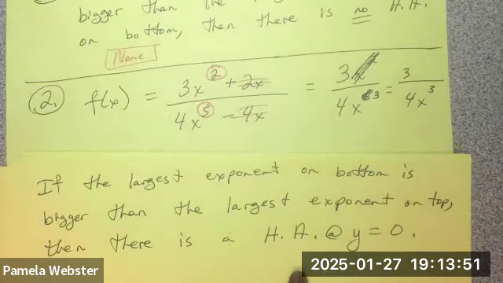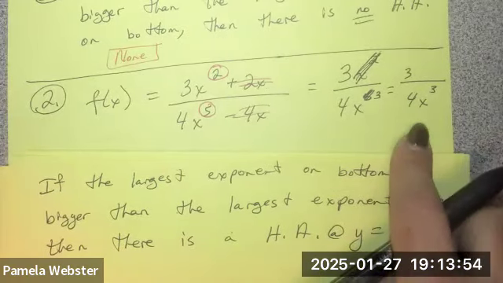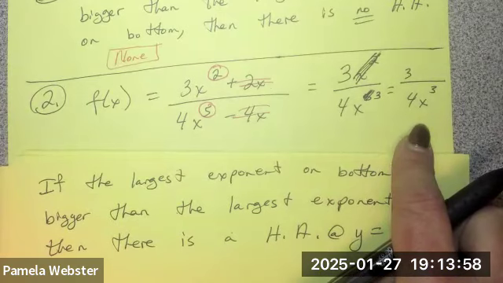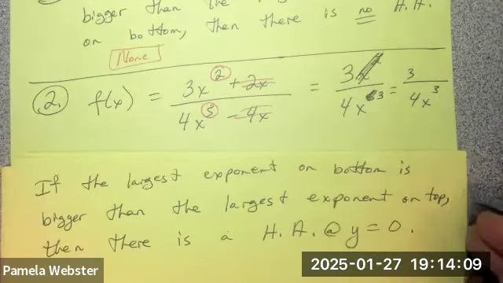Okay, that's what's going on. This number right here, if I plug in 1,000, if I plug in 1,000,000, it's going to get really small and come closer and closer and closer to 0. So y equals 0 is going to be like a magnet drawing this guy in. Okay, so that's the idea there.